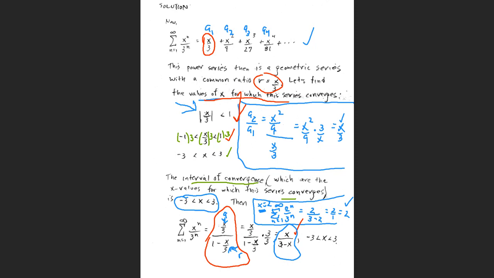If we had, for instance, x equals -1, the series would equal x over 3 minus x, which is -1 over 3 minus -1.